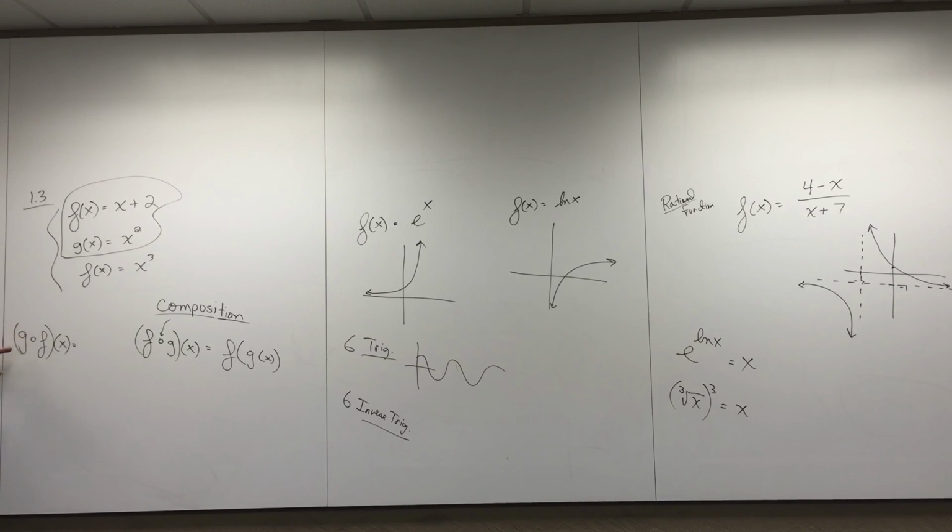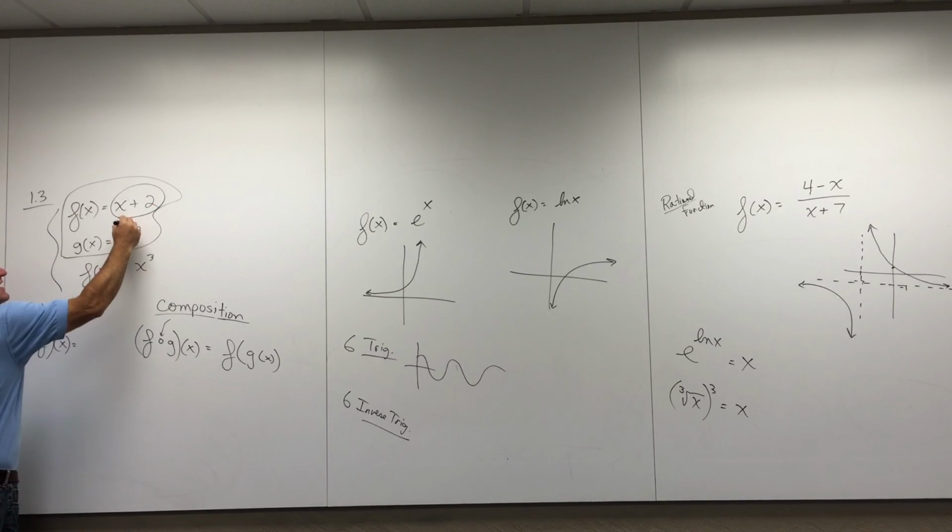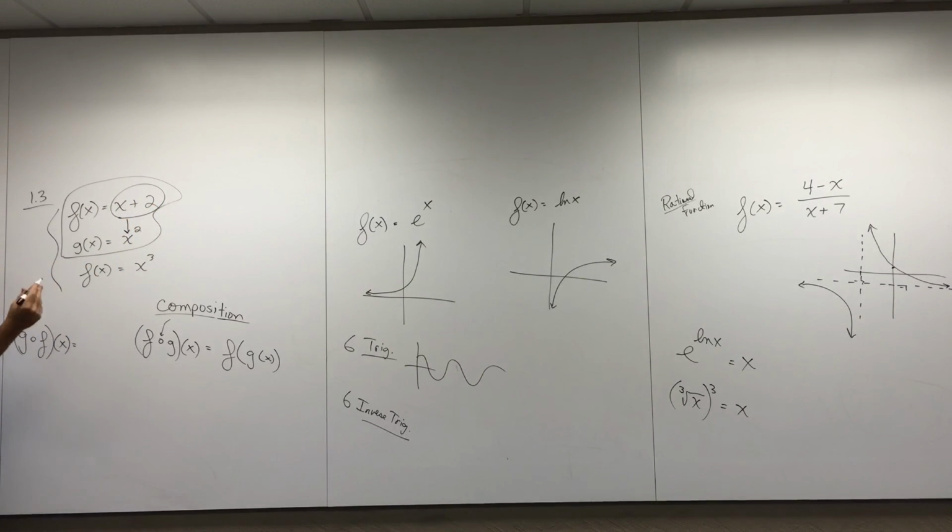I'm sticking f inside of g, so I'm sticking this f function in there for the x, and I create a new function called x plus 2, quantity squared. The composition of g and f. In the end, it's just another function, but it came from the composition of these two functions.